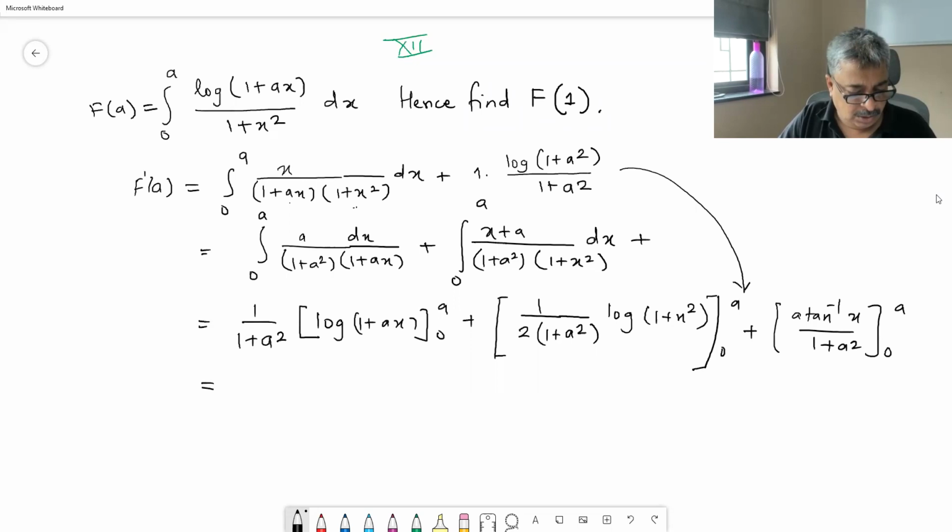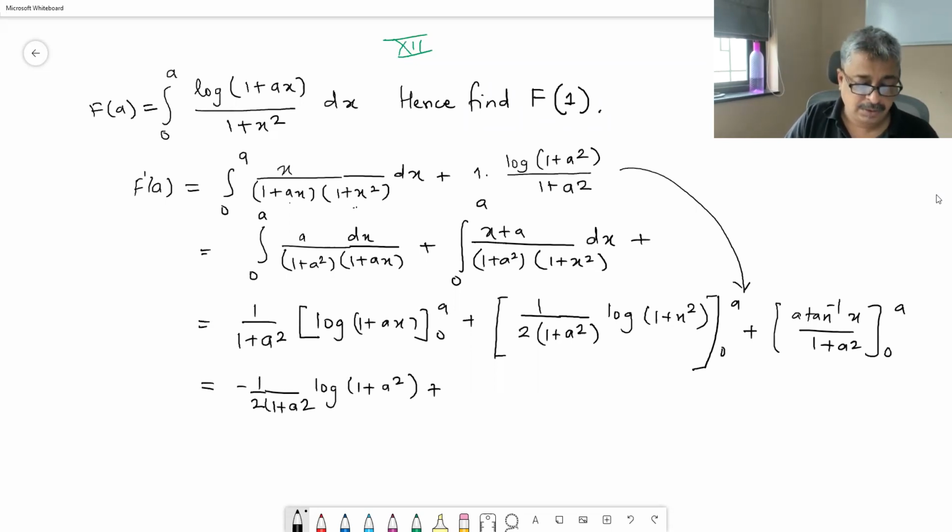That is what it is, and therefore we end up getting minus 1 upon 2 into (1 plus a square) log(1 plus a square) plus a upon (1 plus a square) tan inverse a.